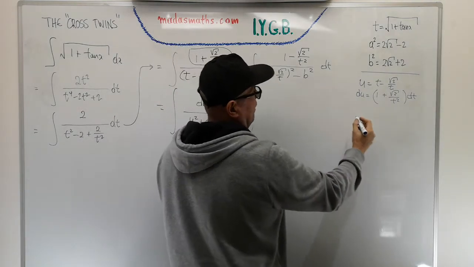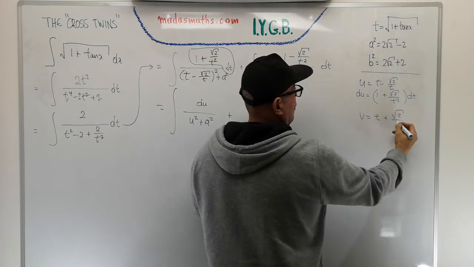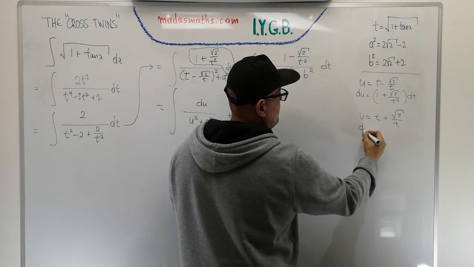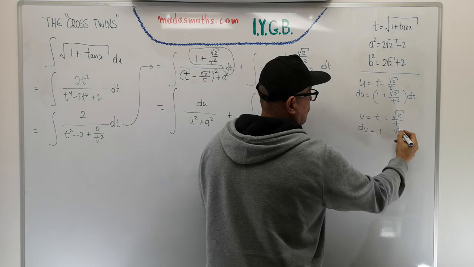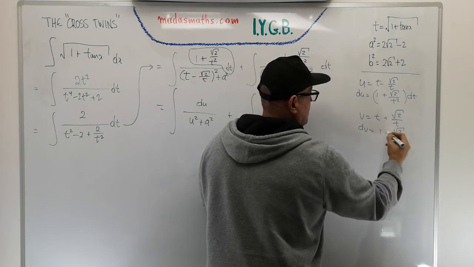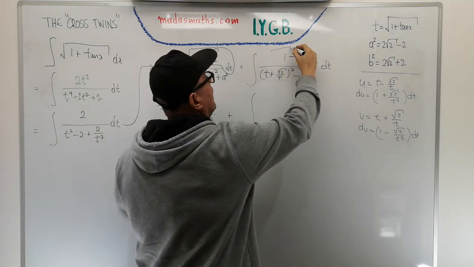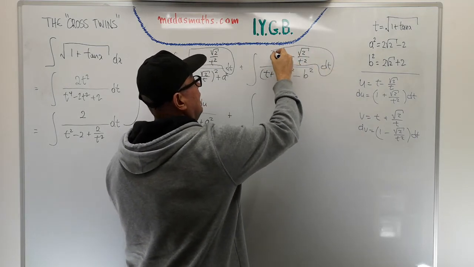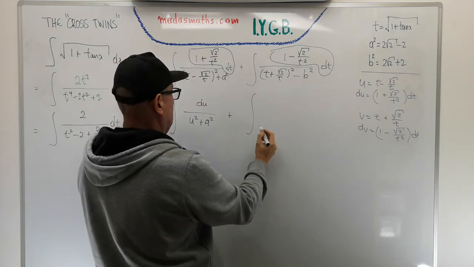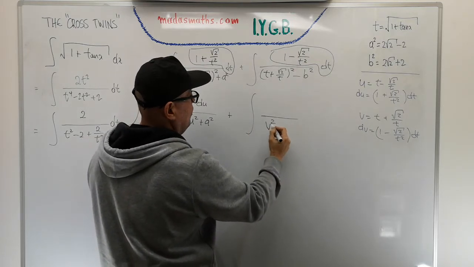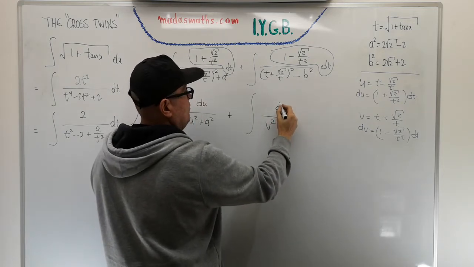I'm going to call v equal to t plus the square root of 2 over t, and therefore dv by construction is going to be 1 minus the square root of 2 over t squared dt. And if we look at this quantity here, that's our dv. So this integral also transforms. I call this v squared, it's a minus b squared, and I've got a dv.